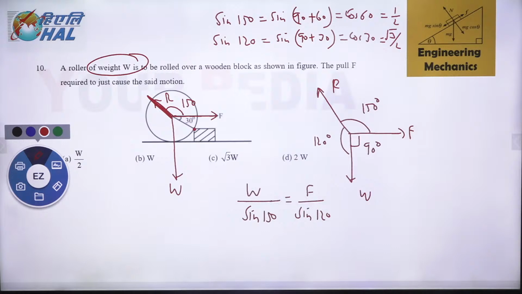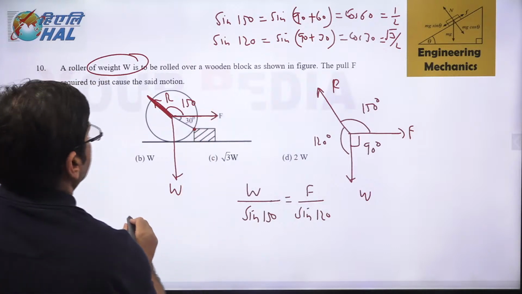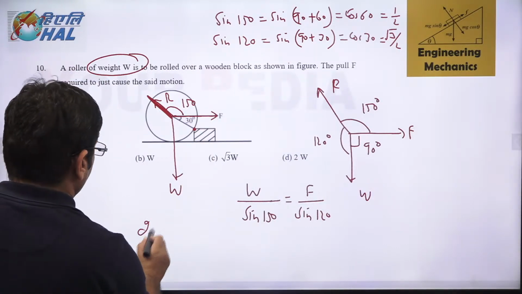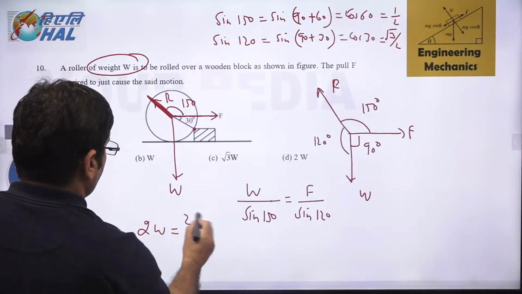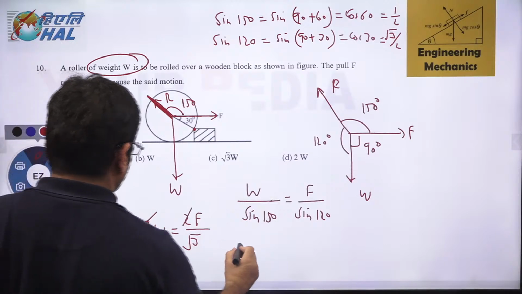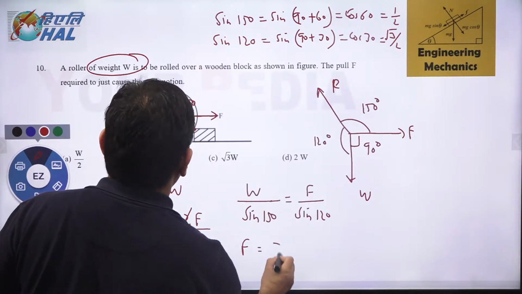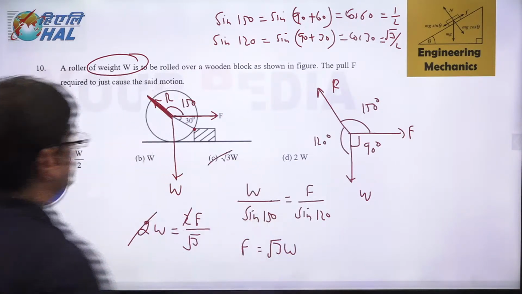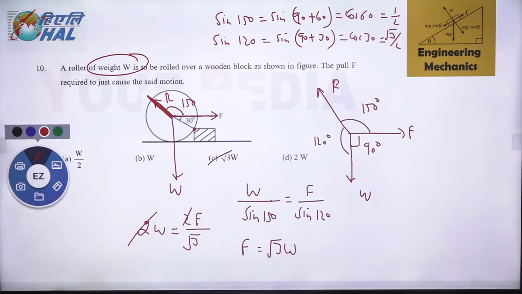So if you solve it, what I get here is W by 2, that is 2W, is 2F over root 3. So 2 gets cancelled out, then F is root 3 into W. That is how you can solve this particular question.